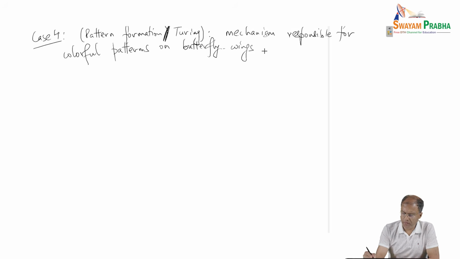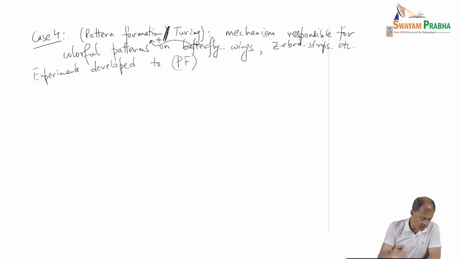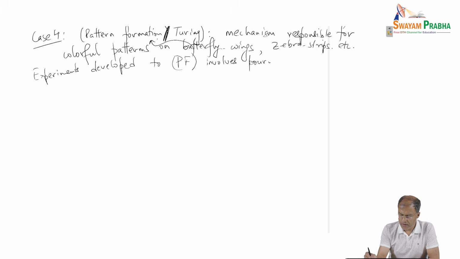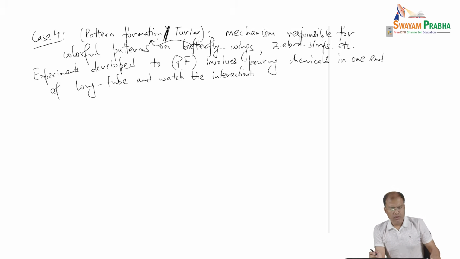So this is colorful patterns on the butterfly wings, zebra stripes, etc. Experiments developed to study pattern formation, which I will call PF, involve pouring chemicals in one end of a long tube and watching the interaction.